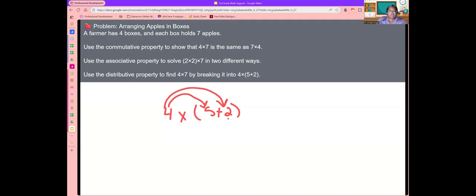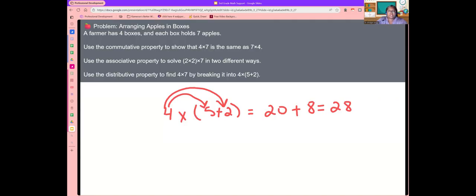So 4 times 5 is 20, plus 4 times 2 is 8, and 20 plus 8 is 28. So even using the distributive property allowed us to get the same answer.